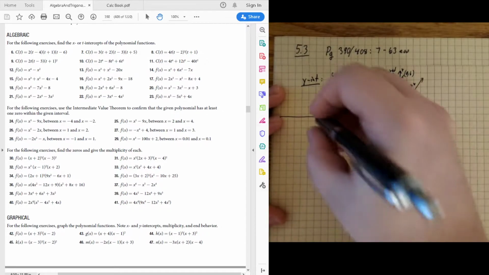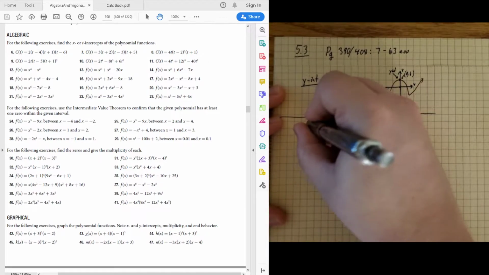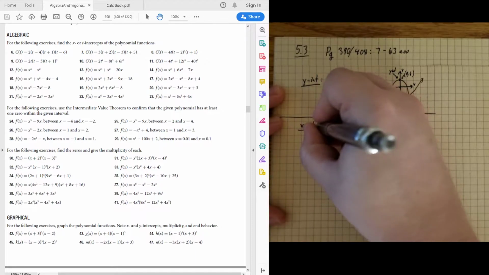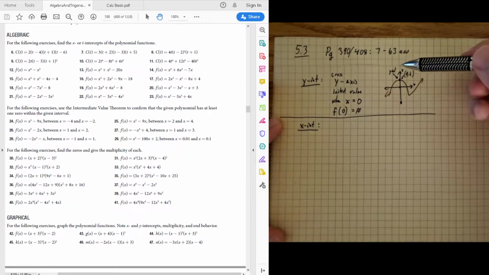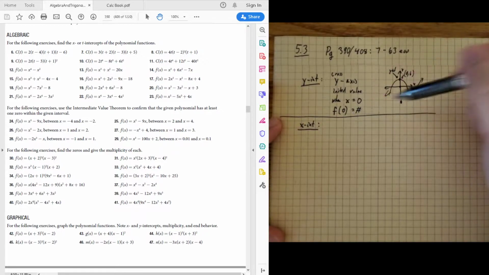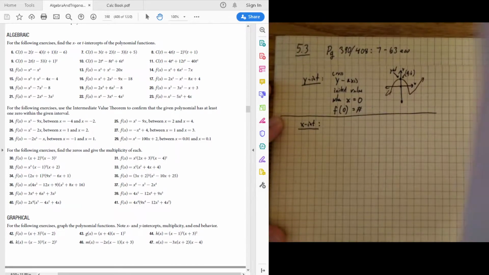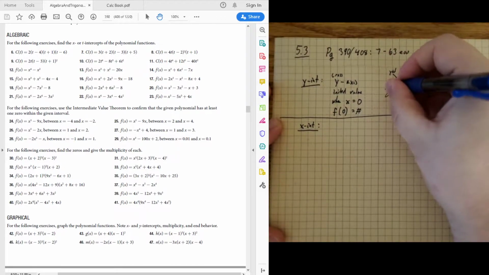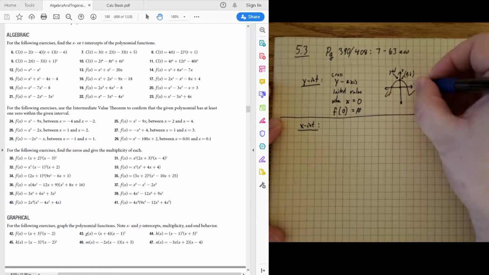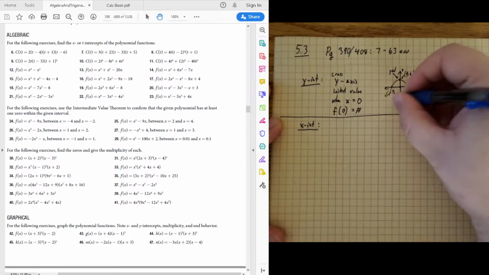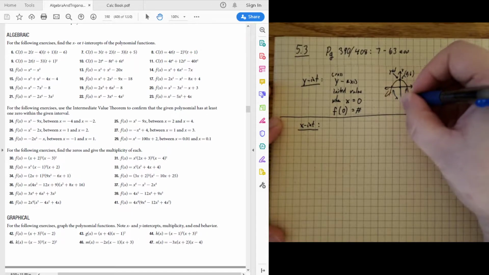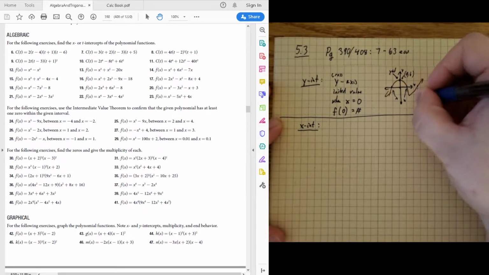The more complicated of the two is the x-intercept. The reason it's more complicated is twofold. One, when it comes to the y-intercept, notice that there's only one of them. Compared to this graph, where there are actually three x-intercepts. So x-intercept, x-intercept, and x-intercept.